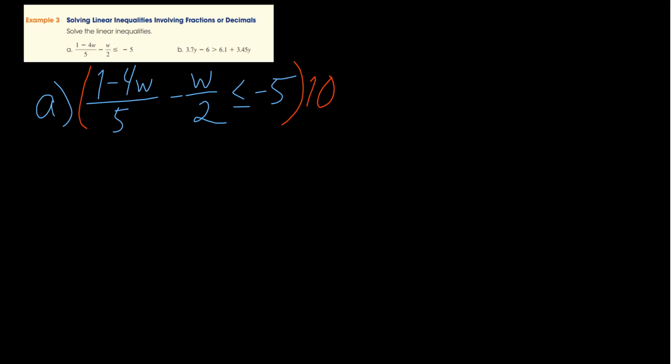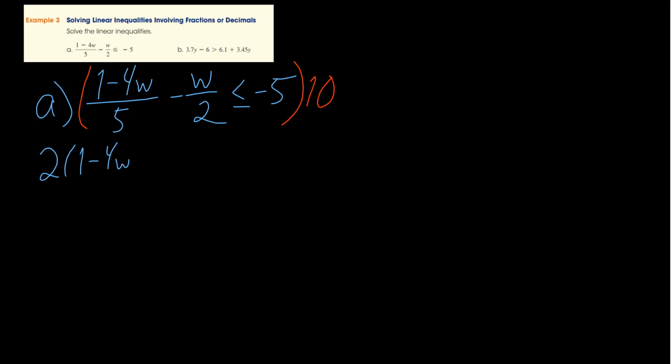If I multiply the entire problem by 10, distribute here. The 10 over 5 turns into 2. So we've got 2 times 1 minus 4w.